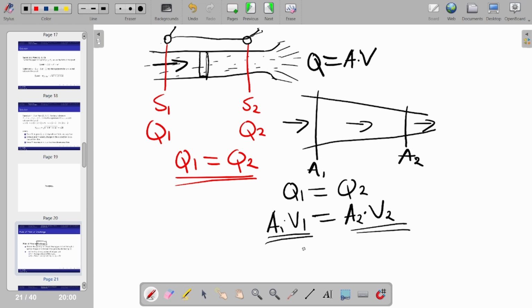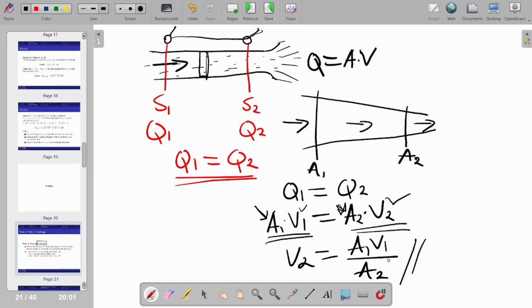So if you are given the cross section area at this one and the velocity, and you're given the cross section area at this one, and then you're asked to find this velocity, you can easily do that. Make velocity at section 2 the subject, which is going to give you this.